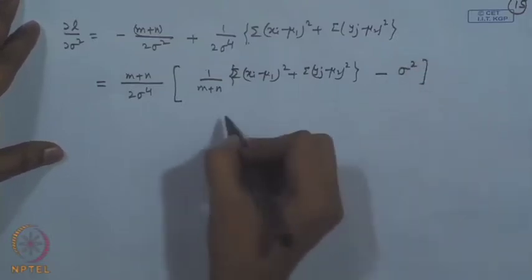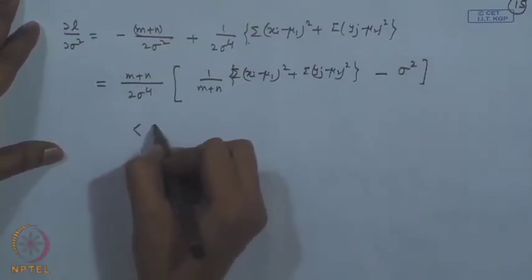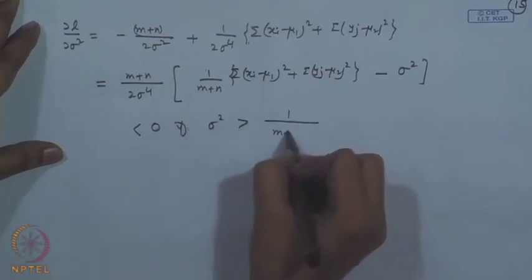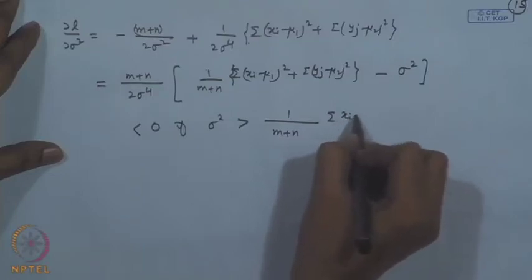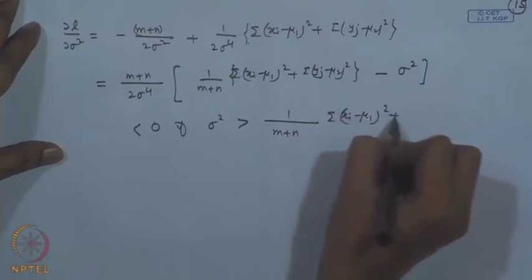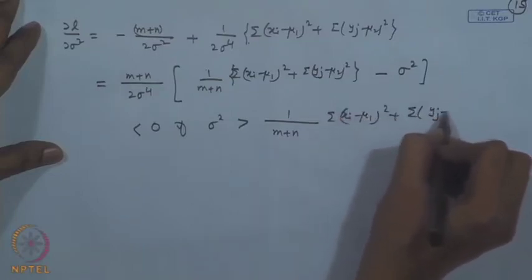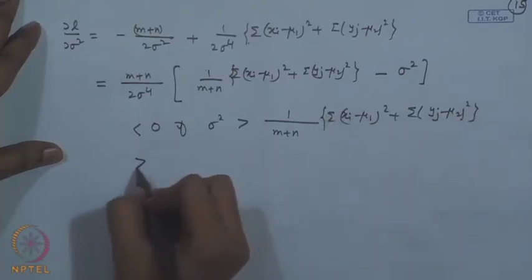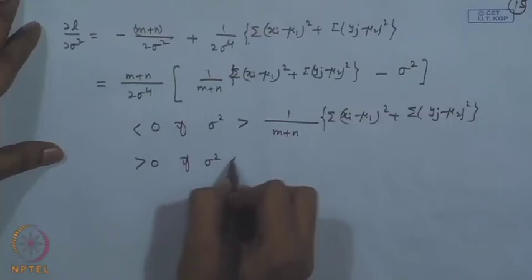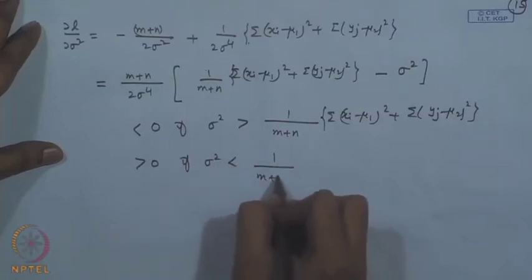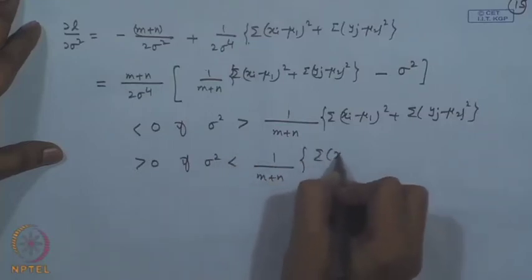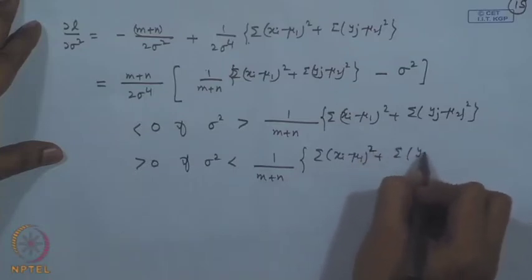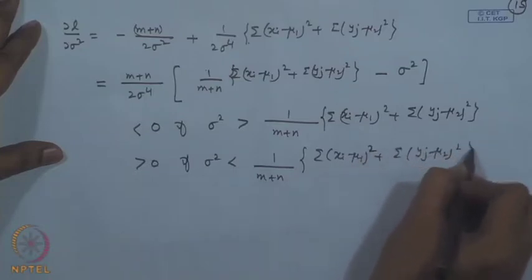Once again it is less than 0 if sigma square is greater than 1 by (m plus n) times the sum of (xi minus mu1) square plus the sum of (yj minus mu2) square, and greater than 0 if sigma square is less than that.